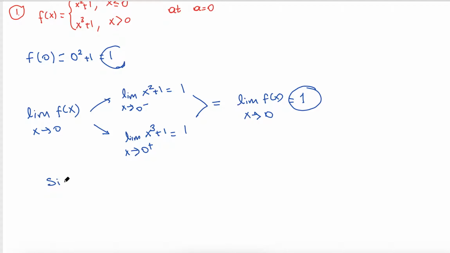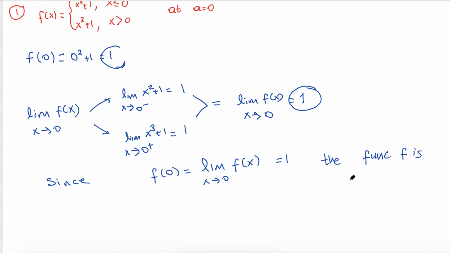So since f of 0 is equal to the limit as x approaches 0 of f of x, both of them are 1, the function f is continuous at x equals 0.